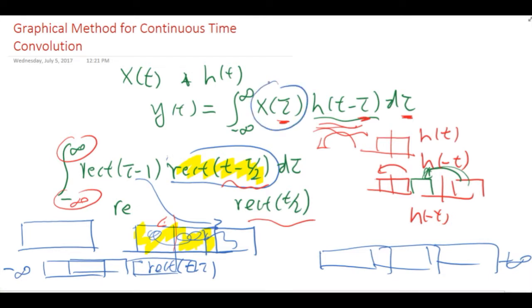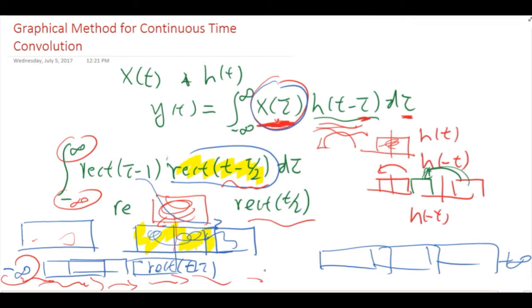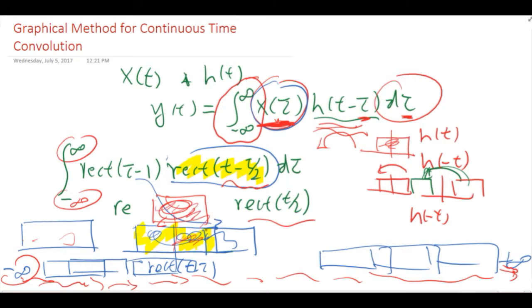But at the same time, this x of tau is still staying somewhere over here. So one function doesn't move around, and the other function just moves gradually from minus infinity to positive infinity. The integration means trying to find the area overlapping between them. This is what the whole integration is about.